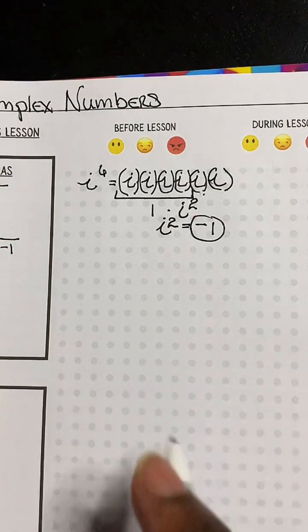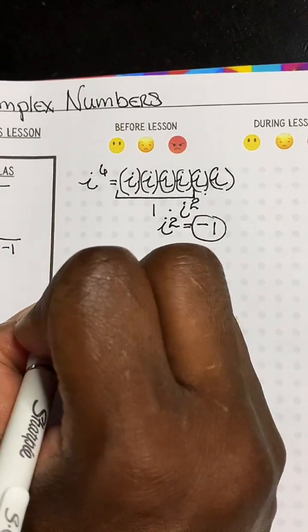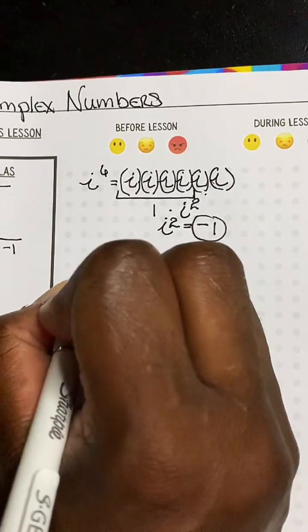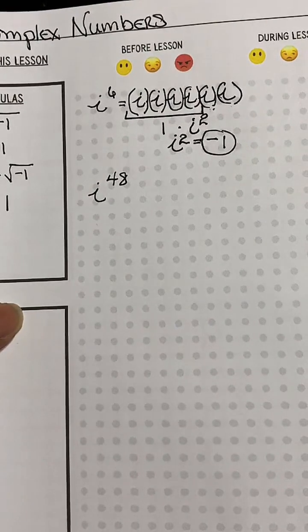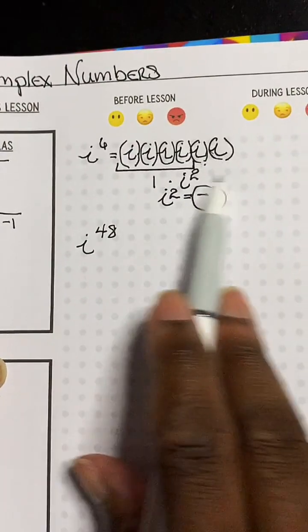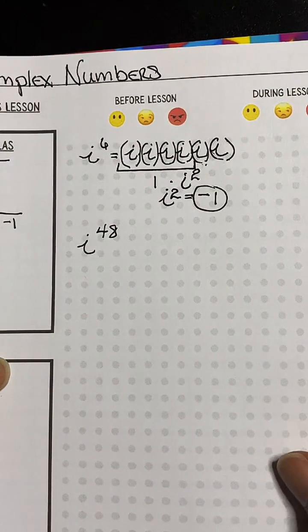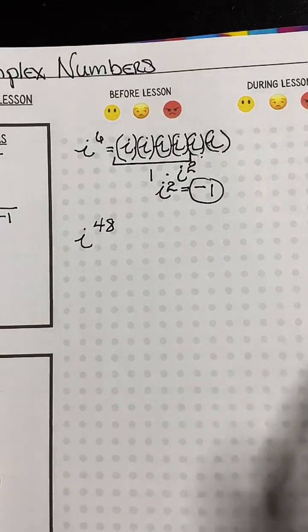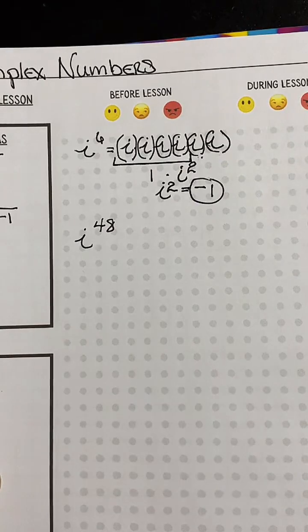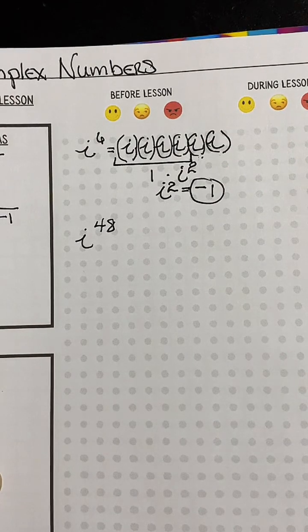So if you ever see a problem, let's say i to the 48th power, am I going to write out 48 i's? Oh, you are sadly mistaken. I want to know how many groups of 4 can fit into 48. The only way to tell is to go 48 divided by 4.